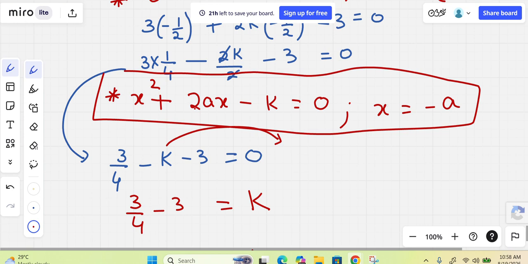Ma'am, I got k as minus a square. You got k as minus a square. Good job. Yes, kids, please do fast. Yes, come on. Ma'am, I got minus a square. Did everybody get that? Yes, ma'am. Cool.